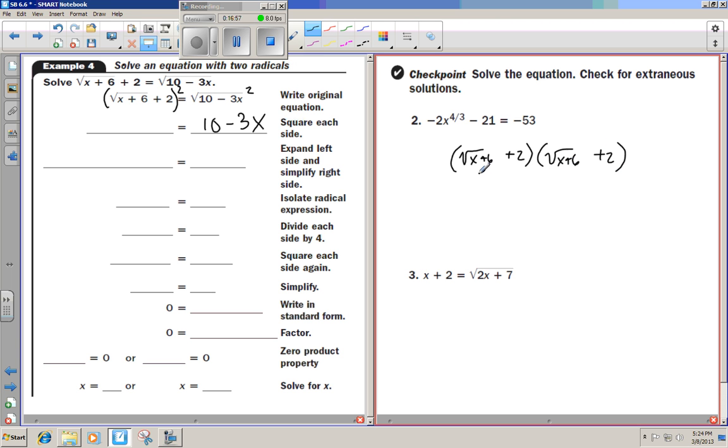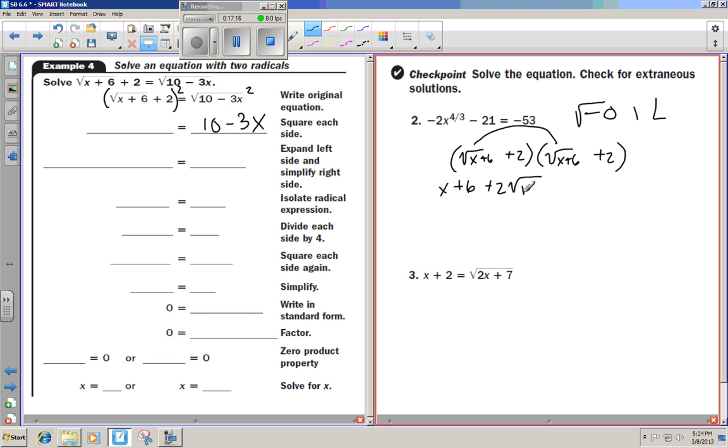So when you do this, now you have to FOIL. You do the first. You take this piece, multiply by that piece, like you're squaring it, and it ends up being x plus 6. You now take the x plus 6 and times it by 2.